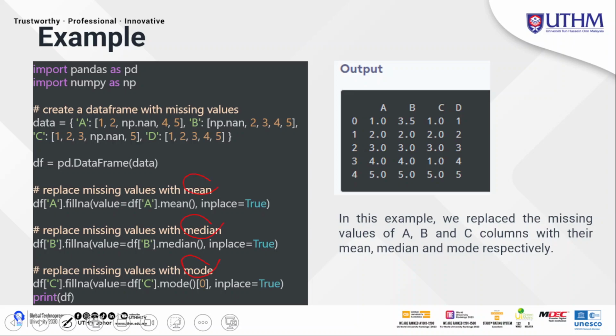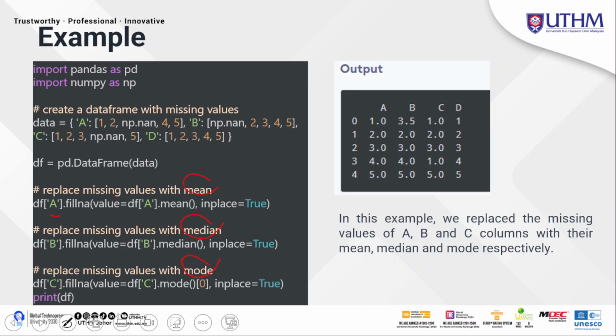And you know what is mean? Mean is average. Median is the value in the middle of the list of elements. And the mode is the most frequently occurring number or element that we can find in a particular row or column, usually columns.